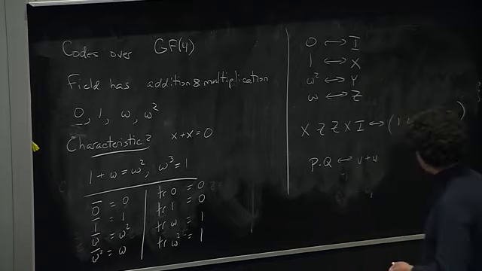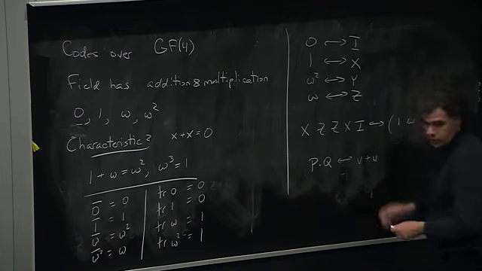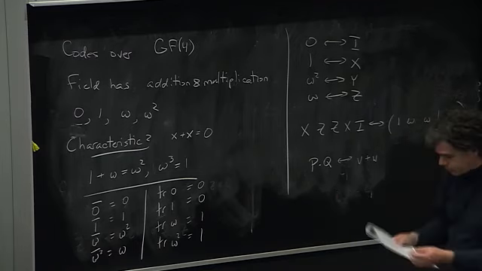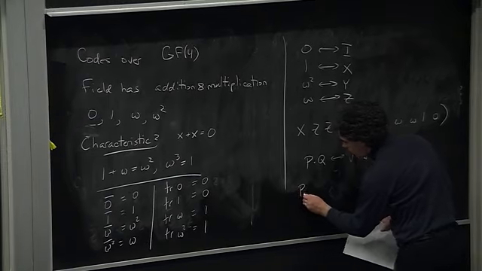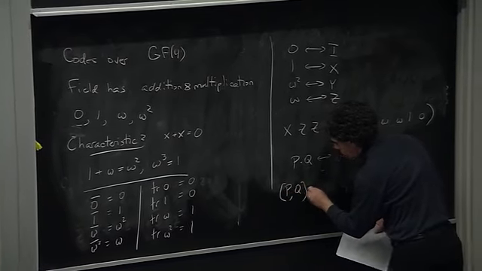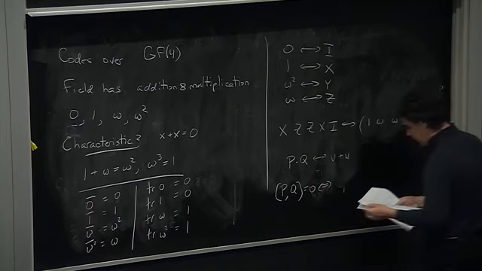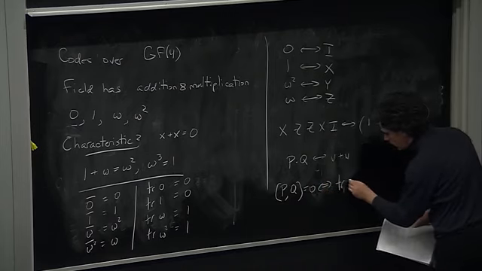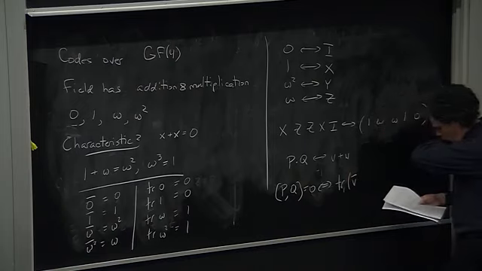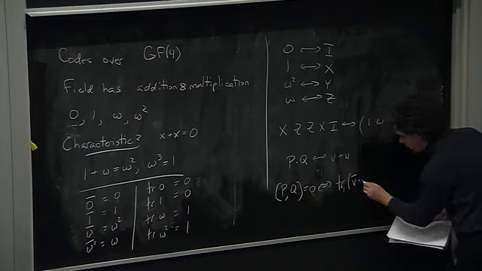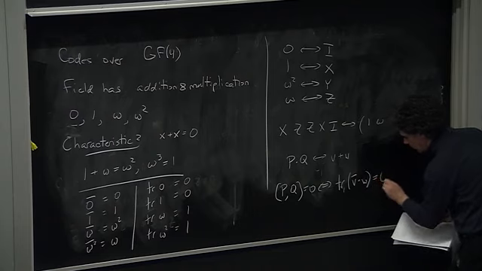Right? And so what that means over here is that we can say that P and Q commute if and only if this following symplectic product, trace of V bar dot W, is equal to 0.